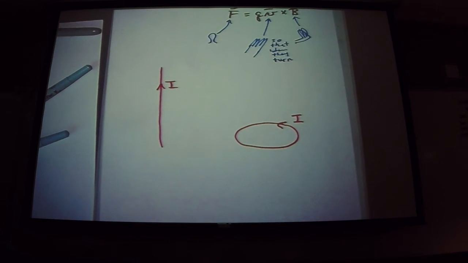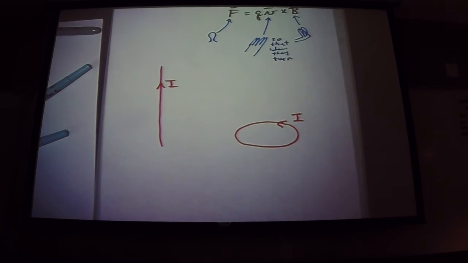The magnetic field generated by current will loop around that current in a sense given by the right-hand rule.